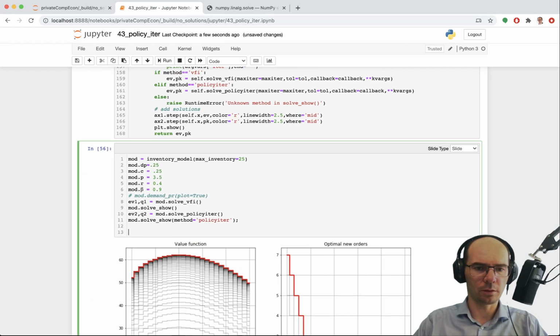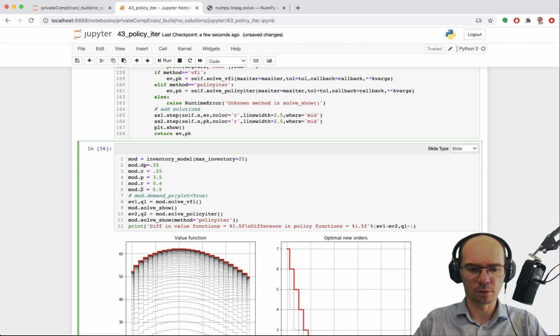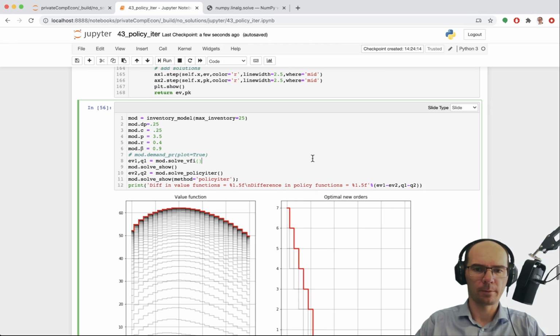Okay, and here let's print the difference in value functions, and in policy functions. What's the EV1 minus EV2? Q1 minus Q2. Okay, and let's run again.